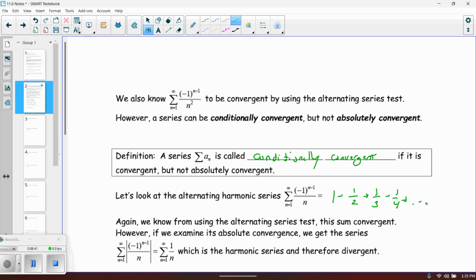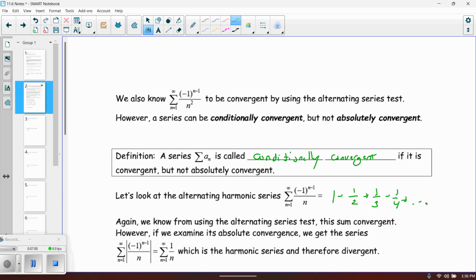And we know that this alternating series is going to be convergent because it passes the two criteria. You take the absolute value, 1 over n approaches 0 as n goes to infinity, and all of the terms are decreasing. So it does pass the alternating series test, and therefore would be convergent.